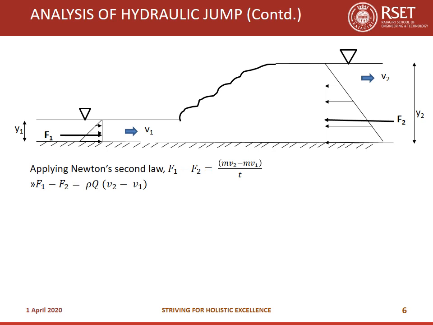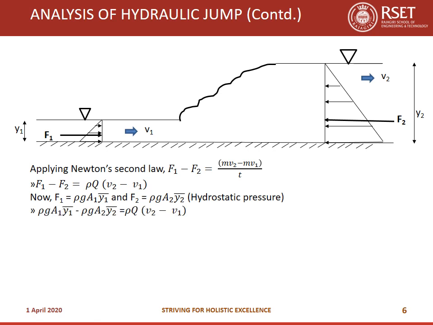From our previous modules, we know that mass by time is density into discharge, rho into Q. So I'm substituting m by t as rho Q. F1 minus F2 becomes rho Q into (V2 minus V1), where V2 and V1 are the velocities downstream and upstream of the hydraulic jump. Now, hydrostatic pressure distribution means that F1, the pressure force upstream, is rho g A1 Y1 bar, and F2, the pressure force downstream, is rho g A2 Y2 bar.